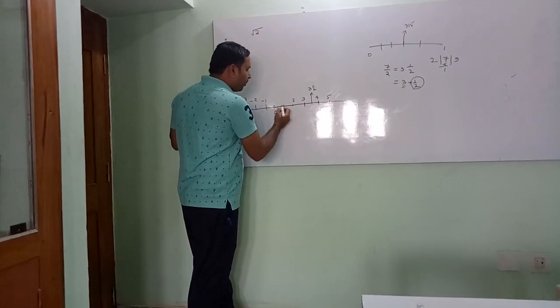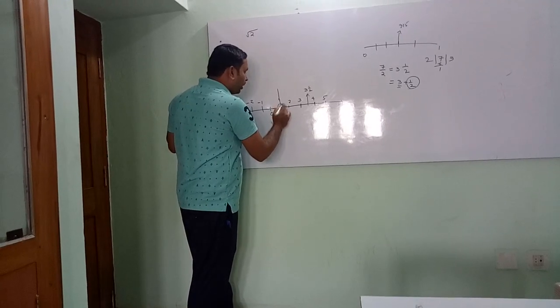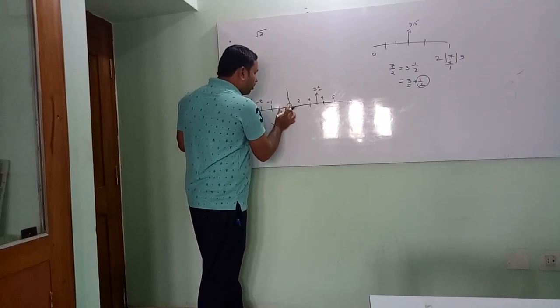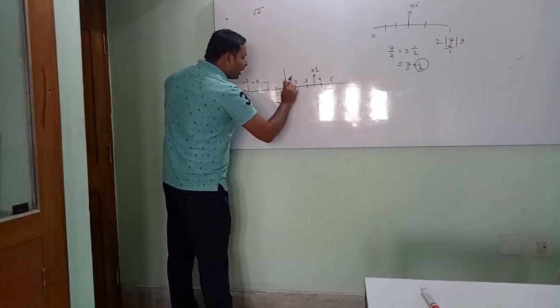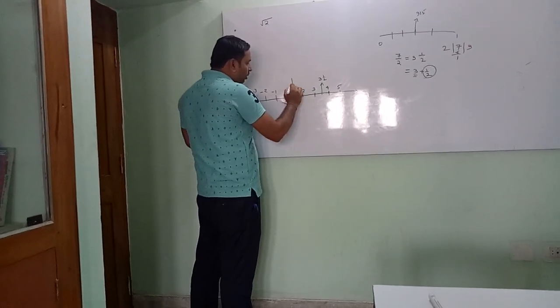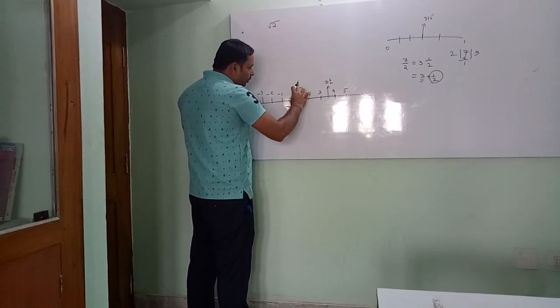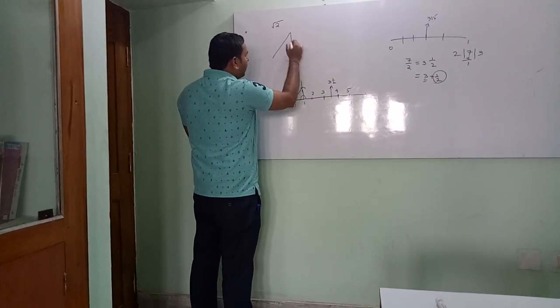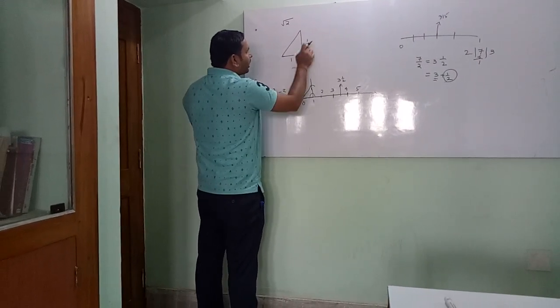You may already know that in your previous classes. Suppose this is 0 and 1, and make a 90 degree angle over here at point 1. So what is this length? This length is 1. Now measure this length and put this length over here and join this. So what is the length of this? It is a right angle triangle in which both sides are 1.